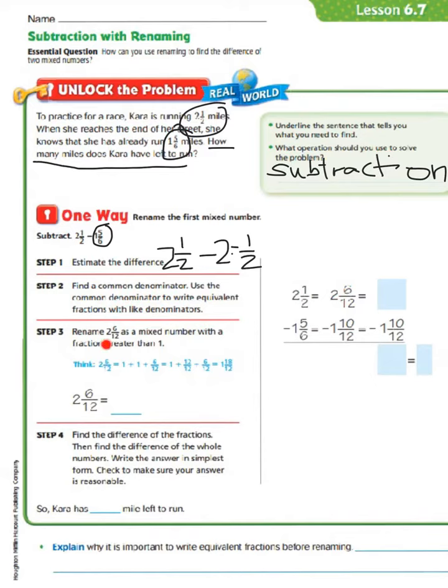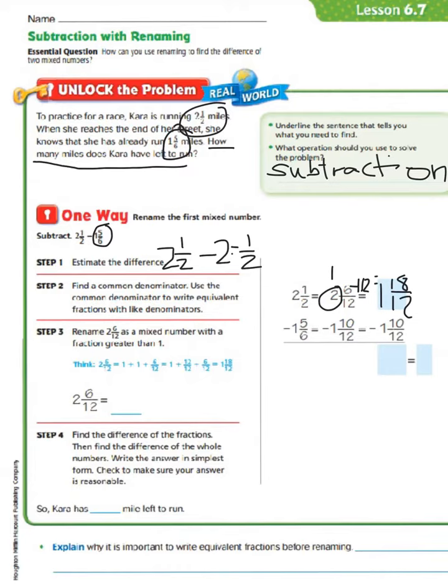So we're going to rename 2 6/12 as a mixed number with a fraction greater than 1. And that would be 1 18/12. And that's because we take 12 away from that, which would leave us with 1, and then we would add that 12 to our 6, which would equal 1 18/12.